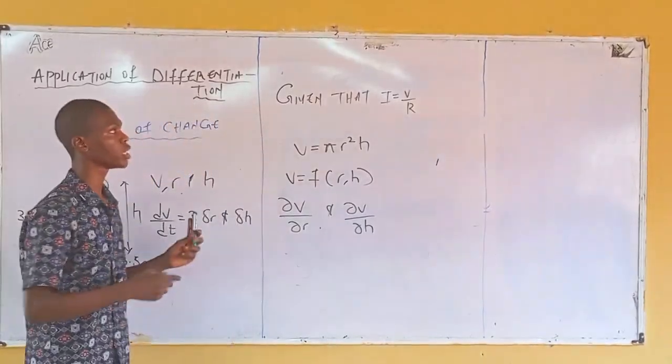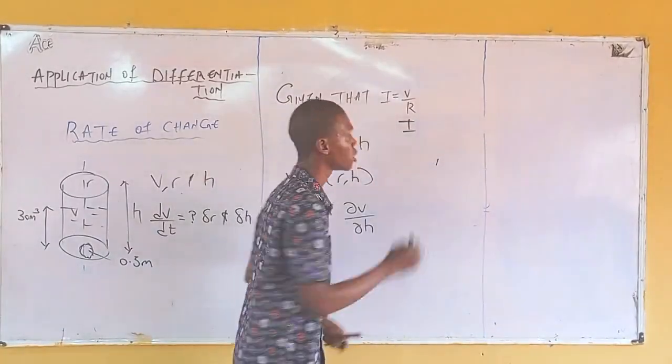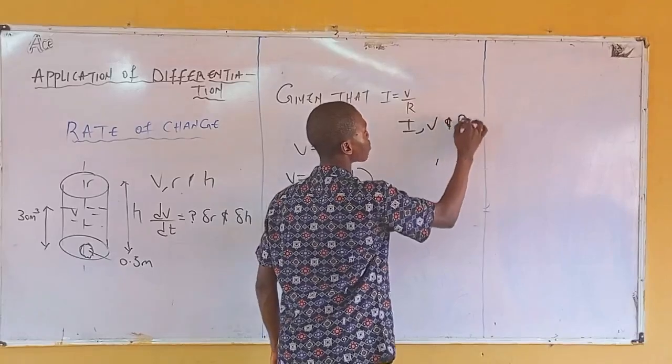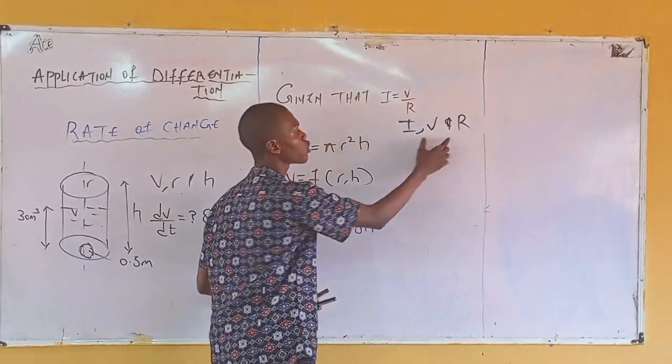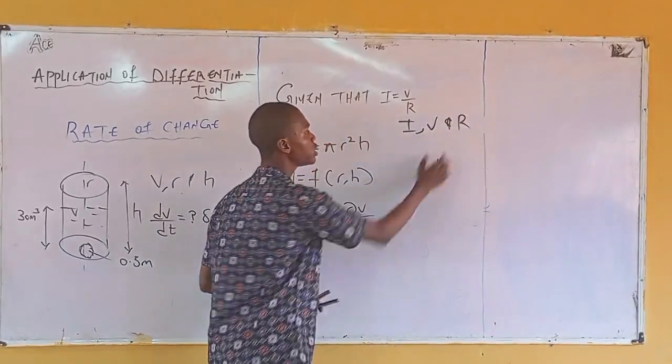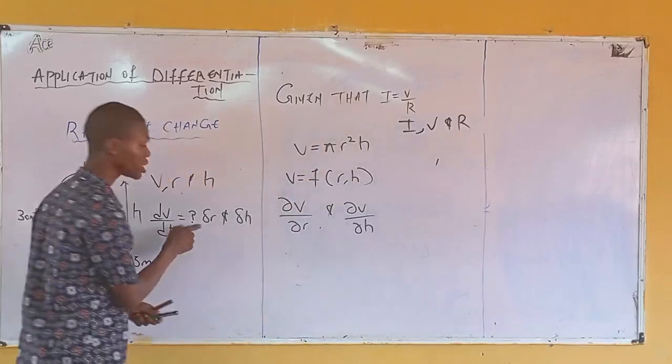With what I've explained here, current here is attached to other parameters, which are V and R. Are you getting me? The effect on this becomes effect on this too. Meaning there will be a change in there, and the change is symbolized using the same idea.